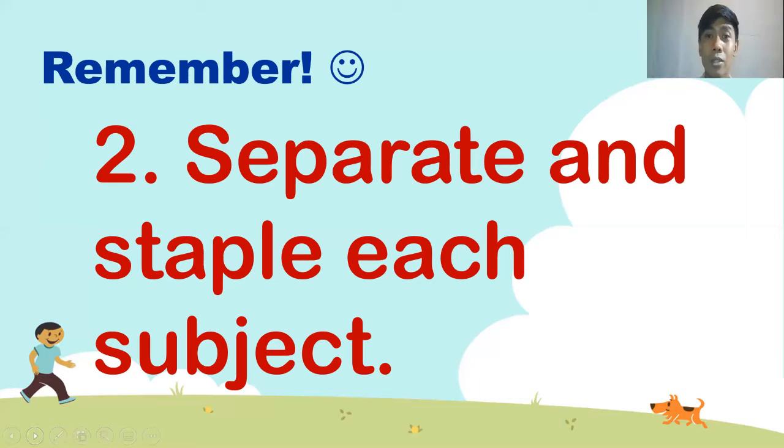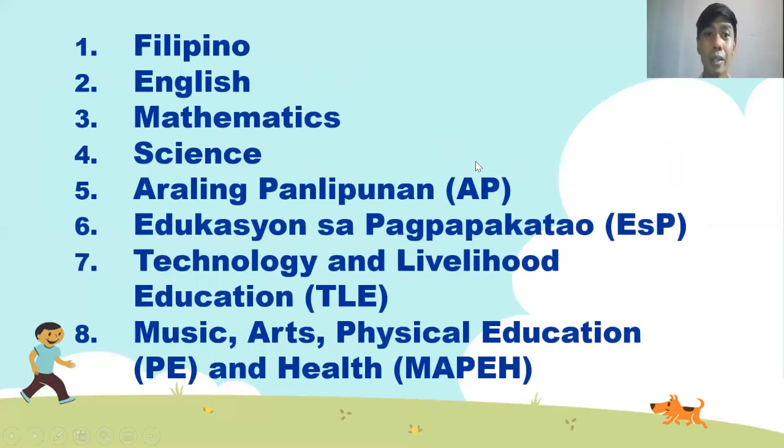This is for junior high school. But of course, there are some terms in elementary or even in senior high school that you should be able to remember. In junior high school, here are the subjects. You should be able to separate it into Filipino, English, mathematics, science, Araling Panlipunan or AP, Edukasyon sa Pagpapakatao or ESP, Technology and Livelihood Education or TLE, and Music, Arts, Physical Education, and Health, which is called MAPEH.